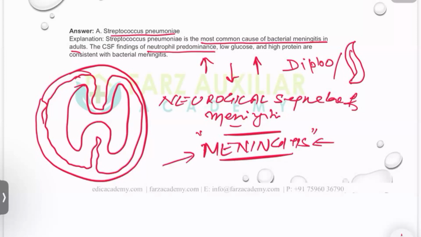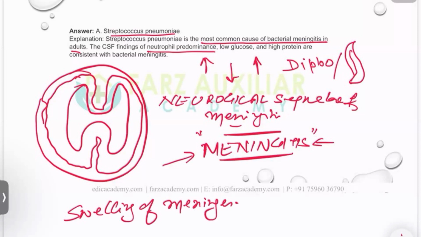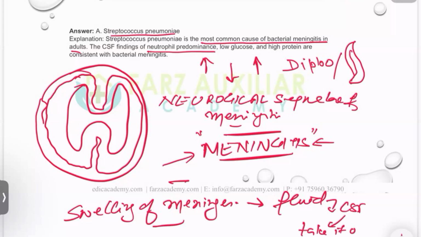What is meningitis? It is basically swelling of the meninges. We are lucky that there is a fluid which moves in those meninges, called CSF, and we can take it out and make a diagnosis. But it may or may not give us anything because it is just the meninges which are inflamed.